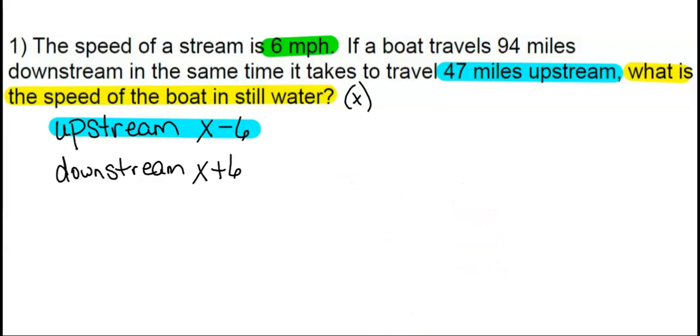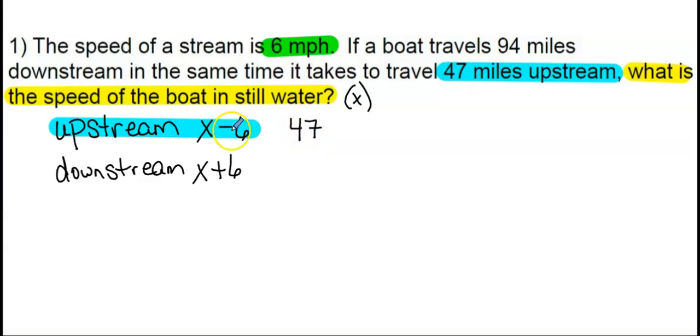So it travels 47 miles and it's going X minus 6 miles an hour. And we don't know what X is. We just know that it's fighting the current in that case. So that matches the upstream speed. So we could say that X minus 6 matches 47.